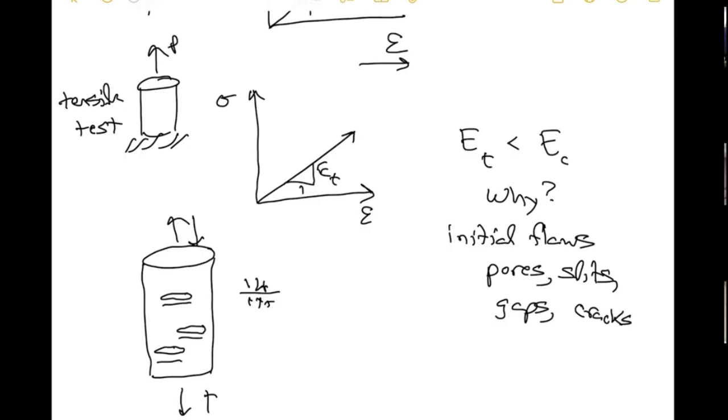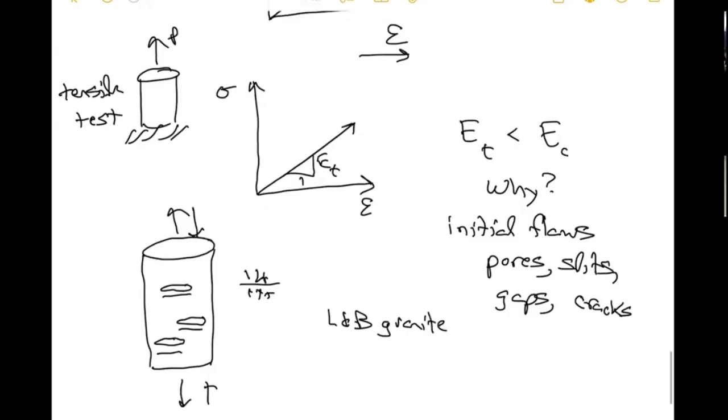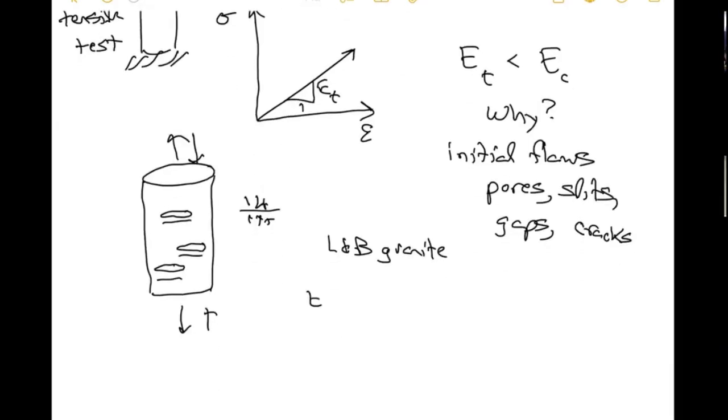And so in that case, then it will be stiffer. Okay. And to just give you a rough idea, for this thing called Lac du Bonnet granite, the compressive modulus is about 69 GPa, and the tensile modulus is about, I can't remember, 47 GPa.